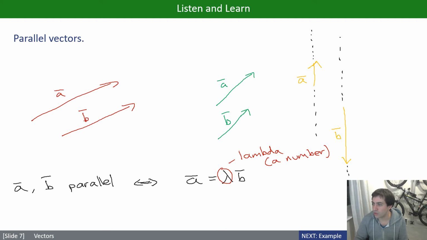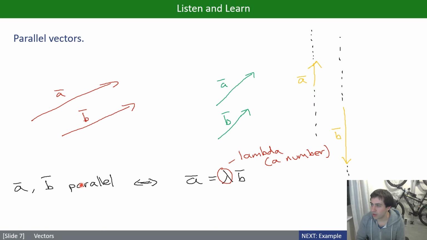So when you get to more advanced vector questions, you want to be very much used to this concept of having one vector equal to lambda times another vector. Okay, and lambda is some number, you don't know what it is. Sometimes it might be necessary to work out what it is, sometimes it won't be. But that is how you mathematically express the statement that A and B are parallel.